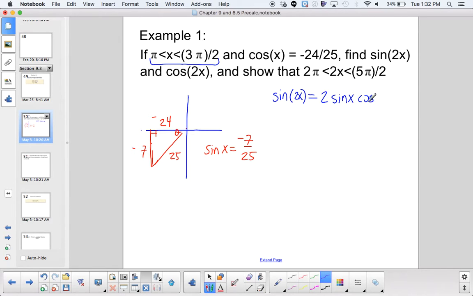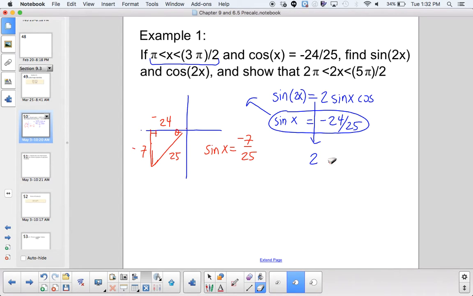So we have 2 times the sine of x, which we know to be negative 7 over 25, times the cosine of x, which we know to be negative 24 over 25.